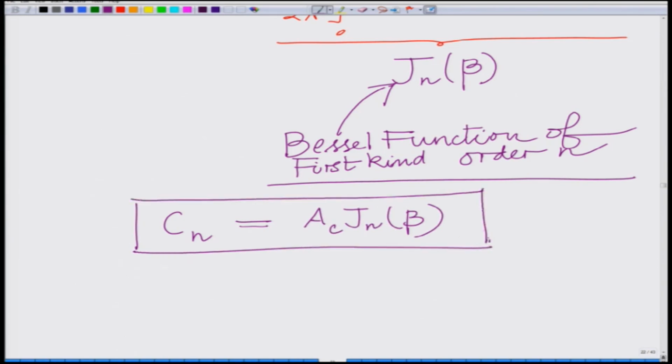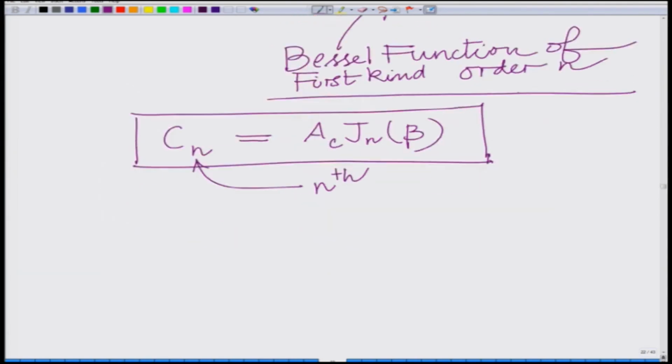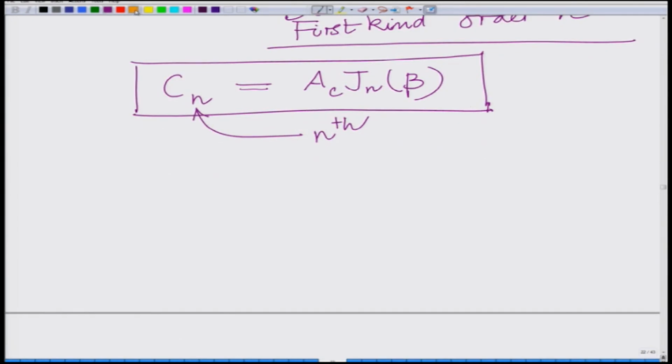So, this is what we are able to show: this is the nth coefficient of the discrete Fourier series. Remember what this is: it is the nth coefficient in the discrete Fourier series, not of the FM signal, but of the complex baseband equivalent signal of the passband signal.